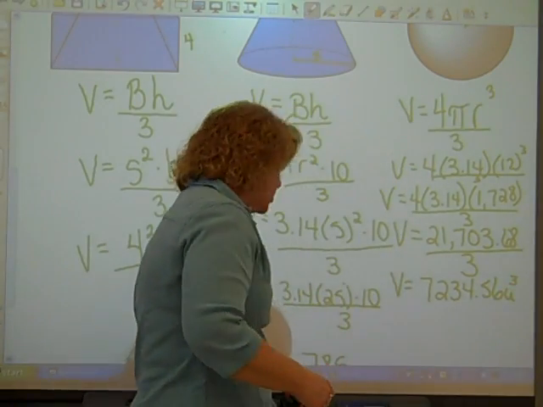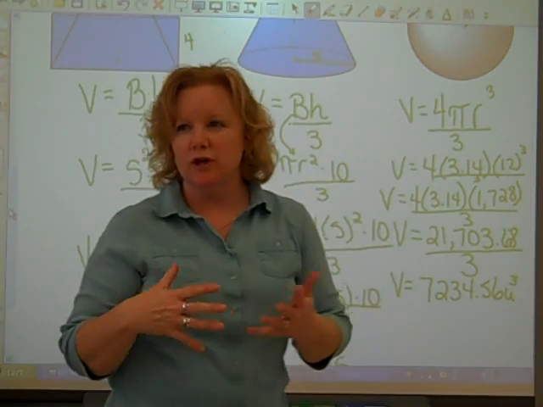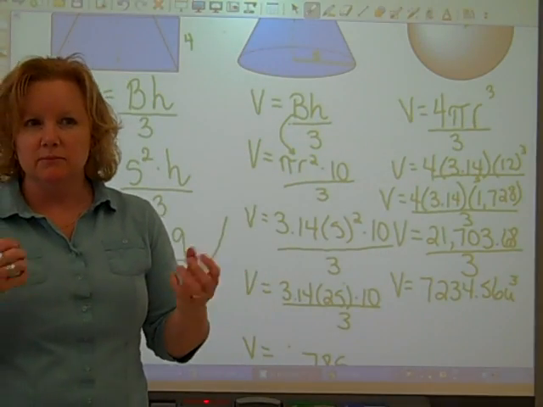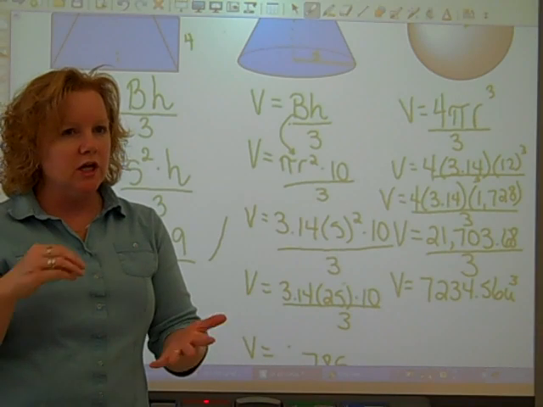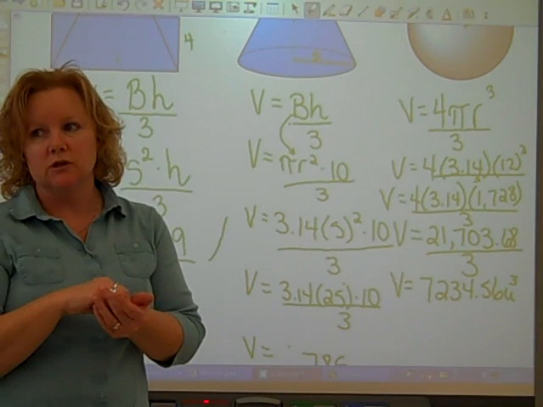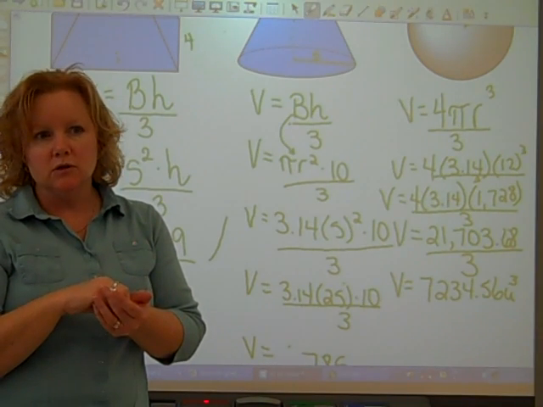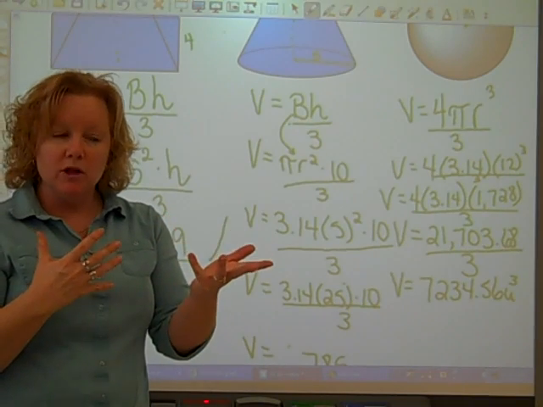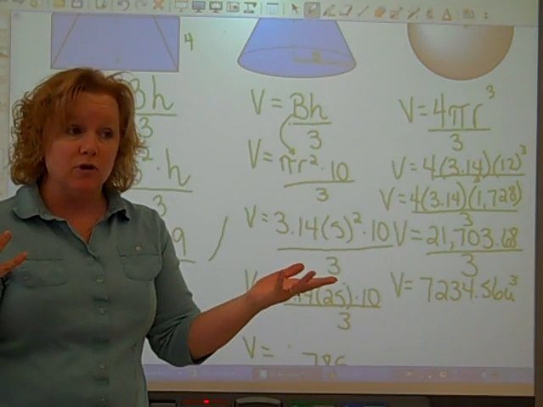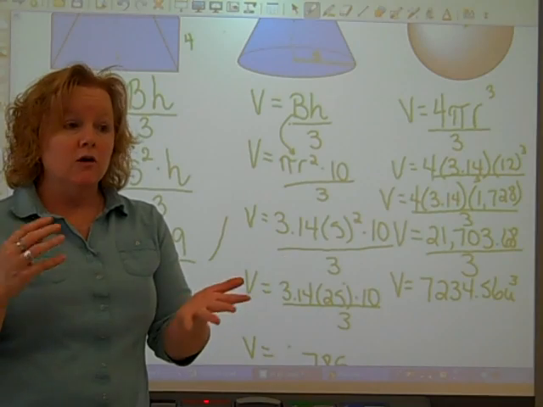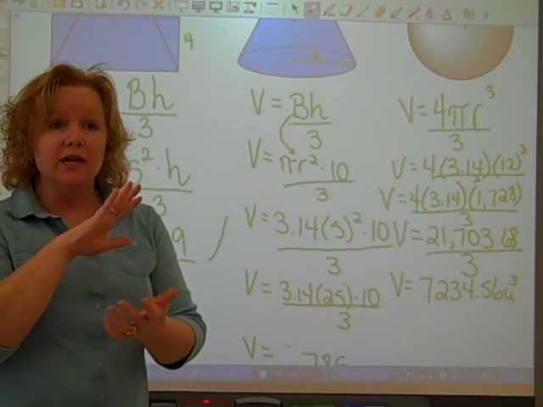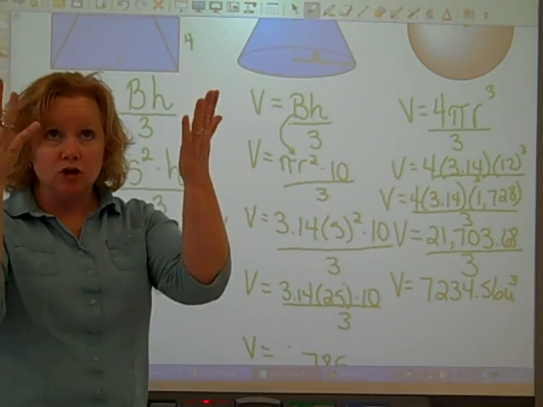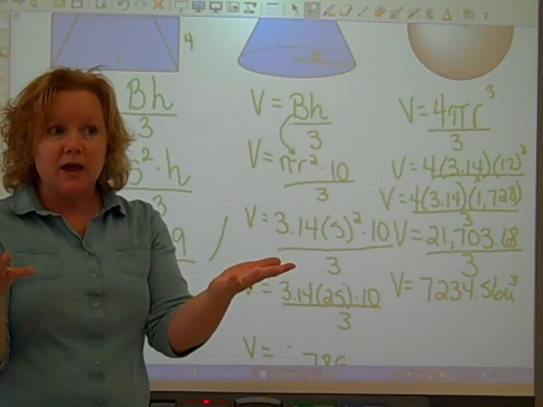So do you see that really all you're doing is using formulas? Plug in and solve. What's the key? What do you have to know to be able to do these? The formula is almost the same for a lot of them. Oh, the area of the base. Remember, you have to recognize that the big B means area of the base. So you have to look at the figure and ask, what shape is the base?